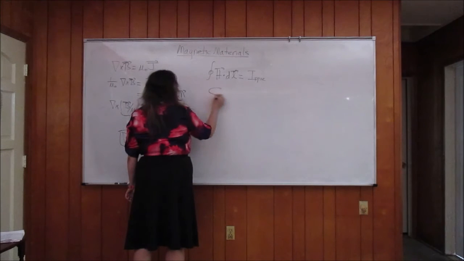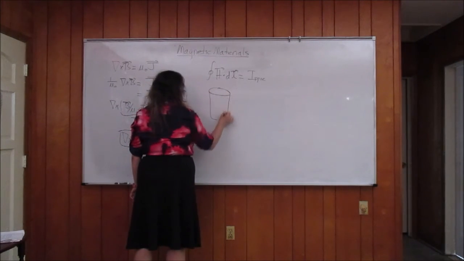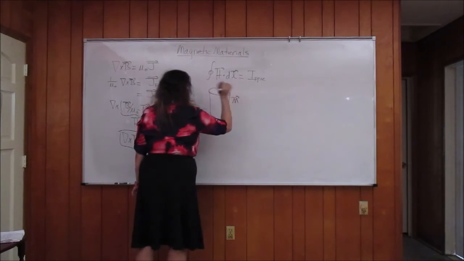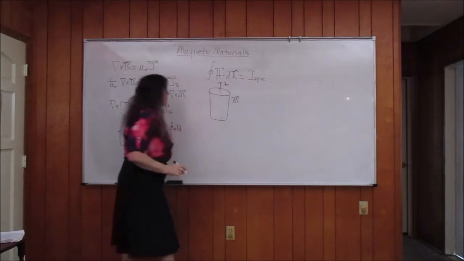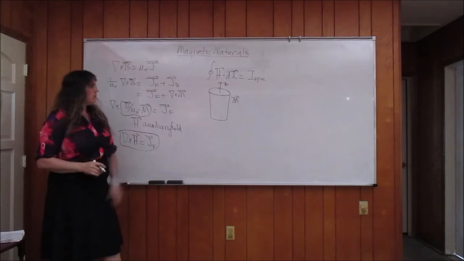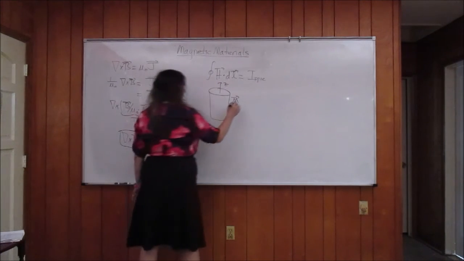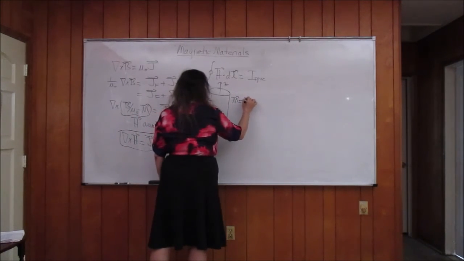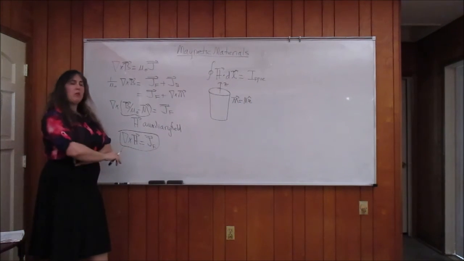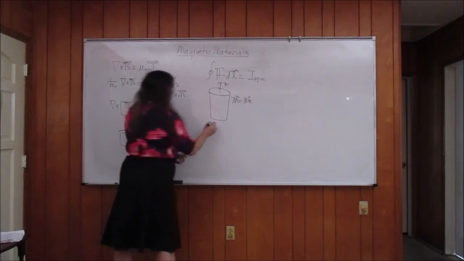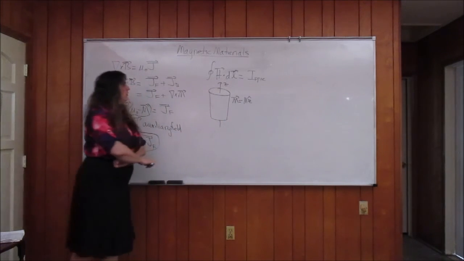Let's suppose that you have a very long cylinder that has magnetization M_z. And I want to figure out what's the magnetic field due to that very long cylinder.